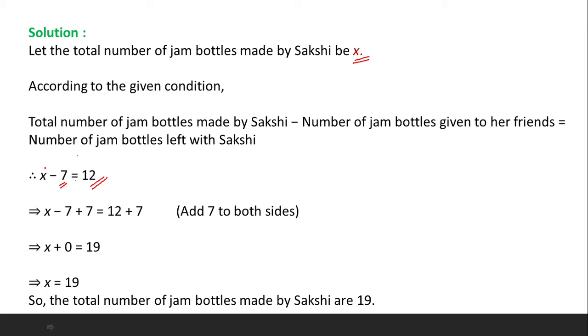Now we just want the value of X. As here it is minus 7, add 7 on both sides. So X plus 0 equals 12 plus 7, which is 19. Sakshi has prepared 19 bottles of jam.